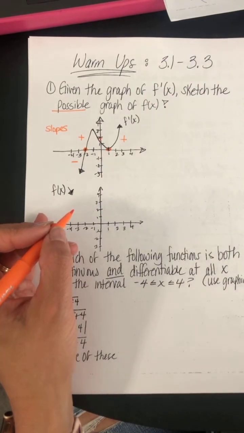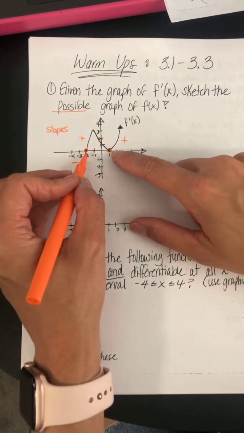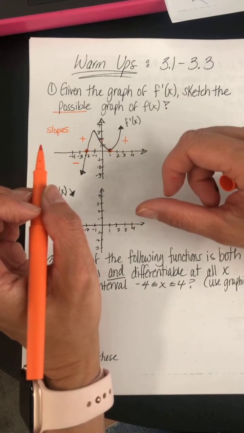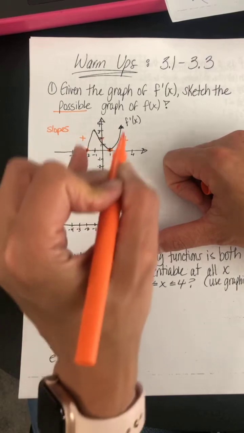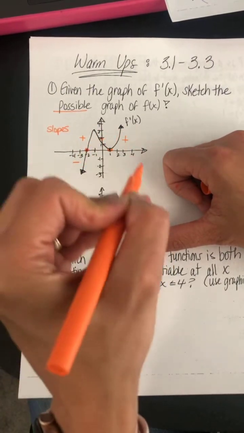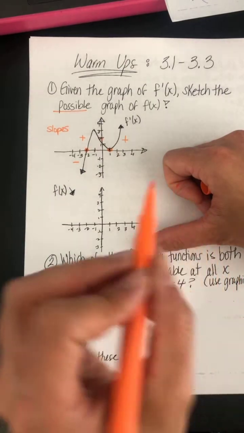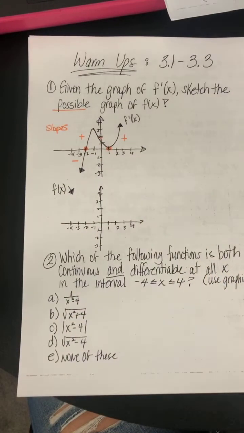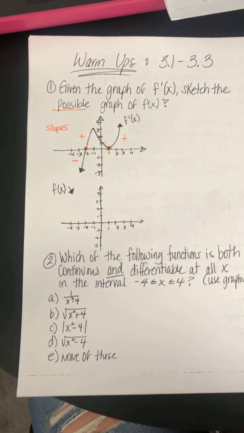So also, those slopes, these are our turns in the graph, okay? And a turn can be a minimum, like an upward-facing parabola, or it can be a maximum, like a downward-facing parabola, or we could have a shelf. Okay, that's where we could have horizontal tangents along a graph.